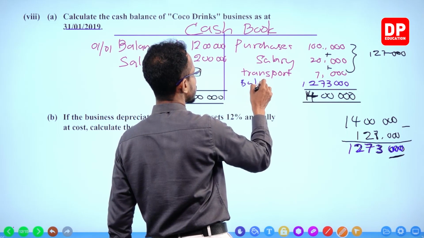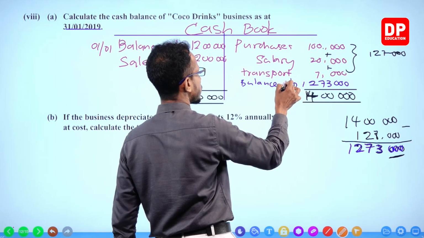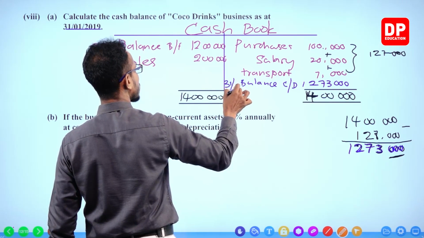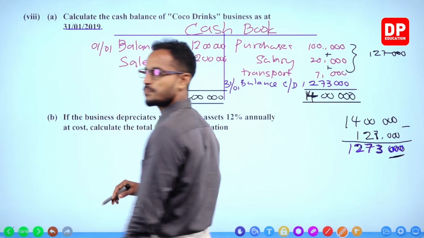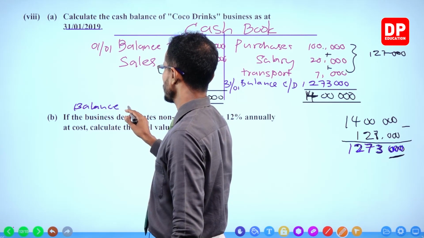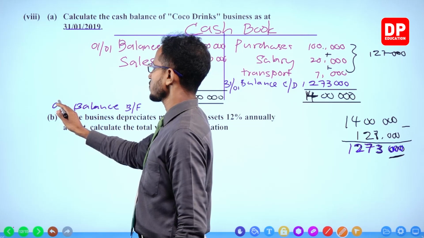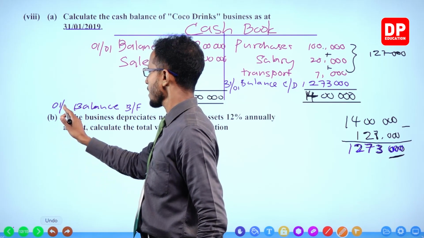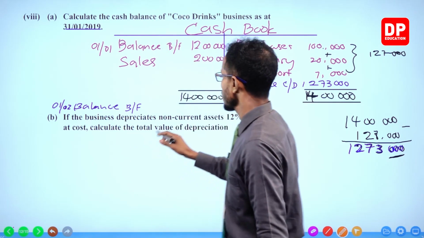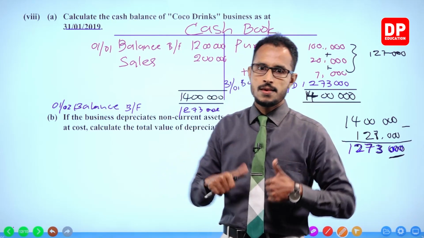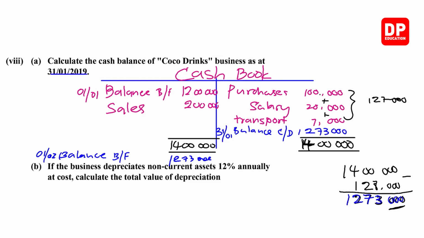That is the balance carried down on January 31st. You can do the balance brought forward on the debit side to 1st of February. That is the cash balance.